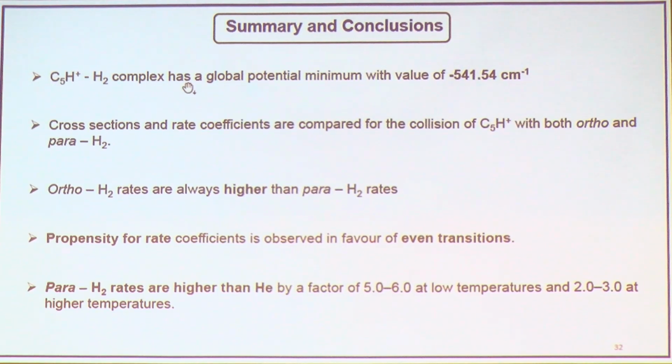To be frank, we really don't know the reason. Only in this system it showed the even propensity. Comparing with helium, the para rates are higher by a factor of 5 at low temperatures, and the ratio decreases to 2 to 3 at higher temperatures.